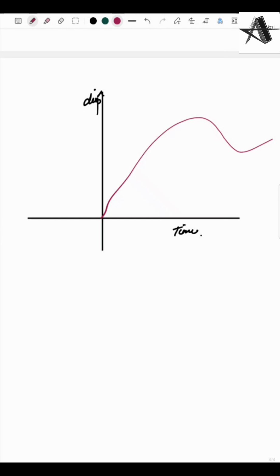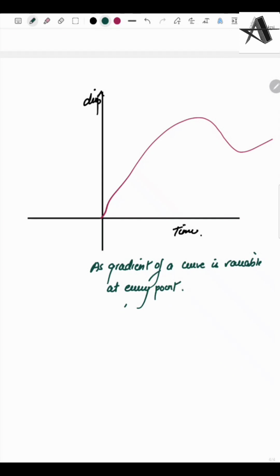If a body is moving with different velocity, it doesn't matter if it's increasing or decreasing, but it keeps on changing. It can increase, it can decrease. That means the body is accelerating. So here I can say that as the gradient of a curve is variable at every point, we can say velocity is different at every point.